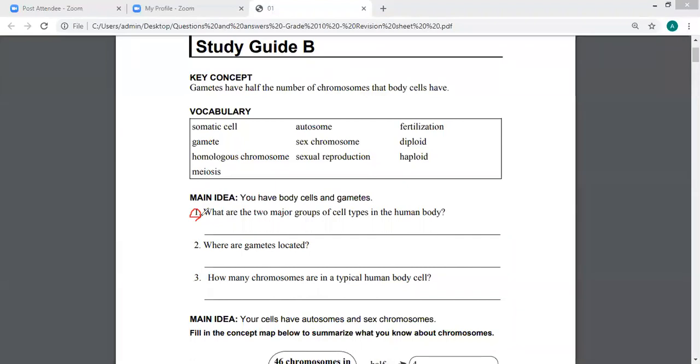What are the two major groups of cell types in the human body? The question asks about the types of cells which the body includes. We know that we have two types of cells.